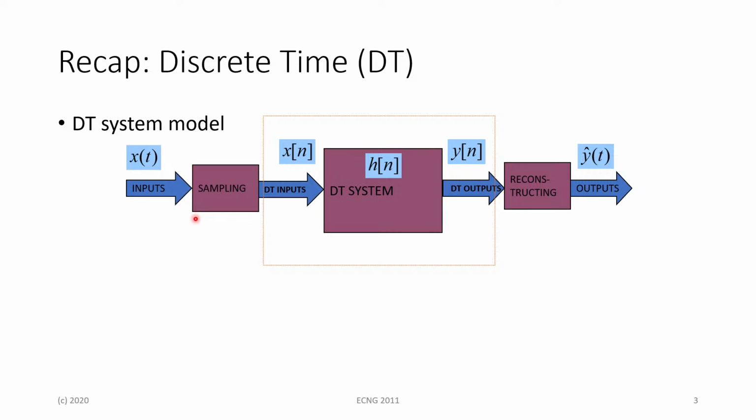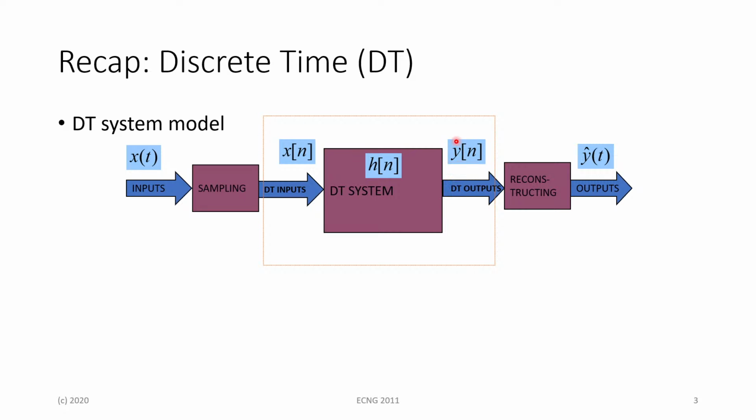However, when we have a discrete time system model, what happens in reality is that we will start off with a continuous time signal, being x of t. This x of t signal is sampled to form our discretized time signal x of n, and then this x of n signal here is subjected to the discrete time signal system h of n, which produces our y of n signal here.